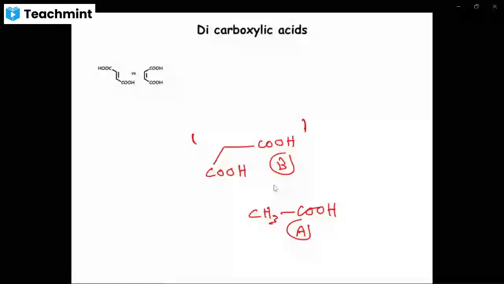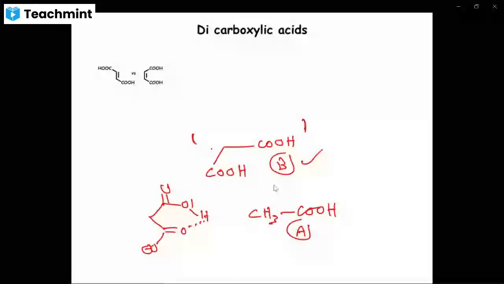B is more acidic. Why? Let's see, hydrogen bonding is there or not. So you have this OH and you have this. Yes, hydrogen bonding is present. So one factor is hydrogen bonding, and the second factor is the minus I effect of this group, right? Minus I effect is also present.